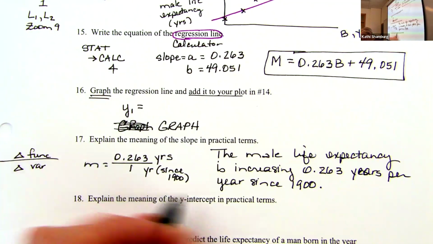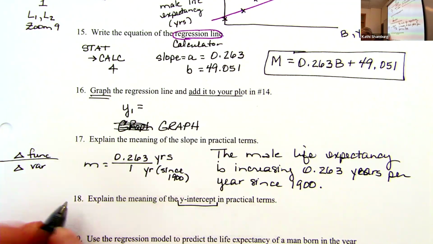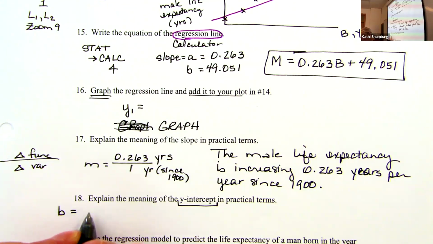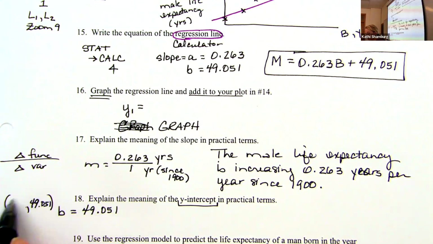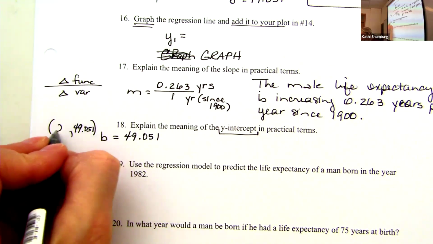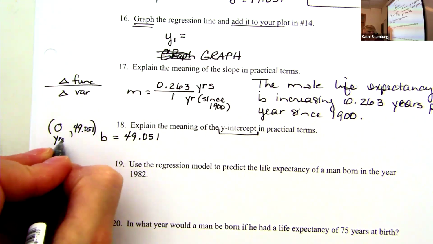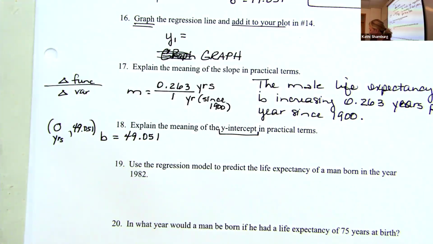So our y-intercept, which is the same thing as your initial value, is 49.051. And think of the ordered pair. This would be what here? 0 years.